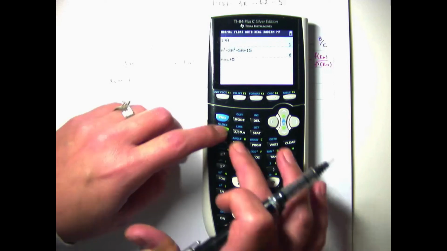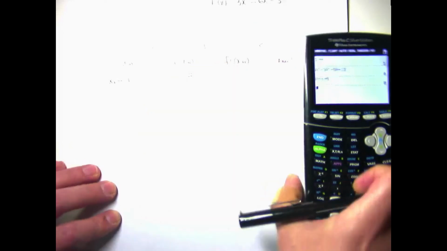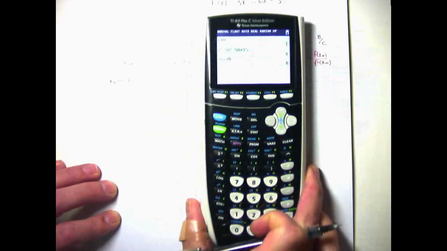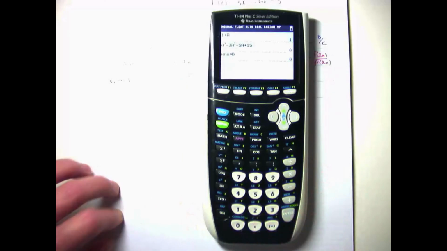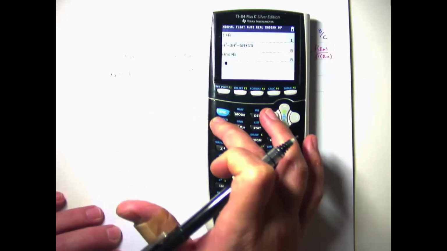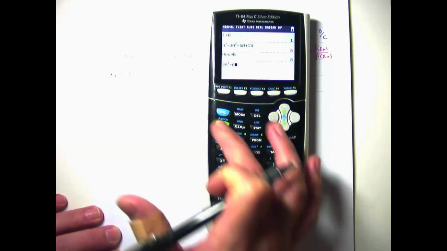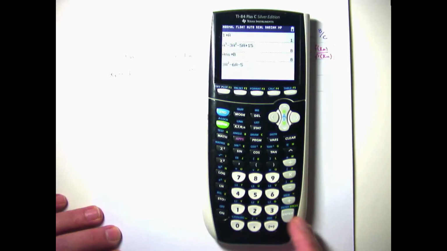I'm going to store that as alpha B. So this is equal to 8, and we stored it as B. I'm also going to evaluate the derivative at A. So the derivative is equal to 3 alpha A squared minus 6 times alpha A minus 5. And so I get negative 8. I'm going to store that as alpha C. So this is equal to negative 8.